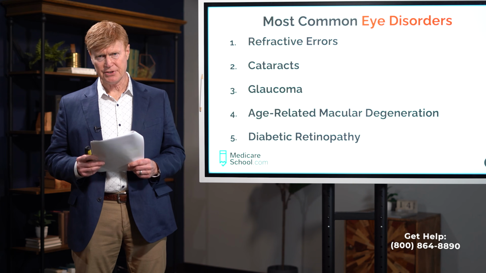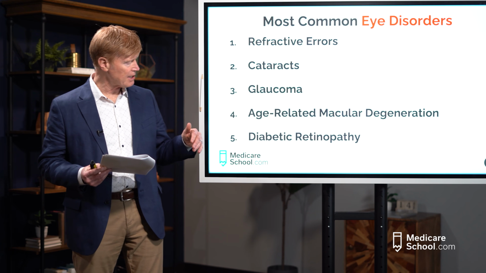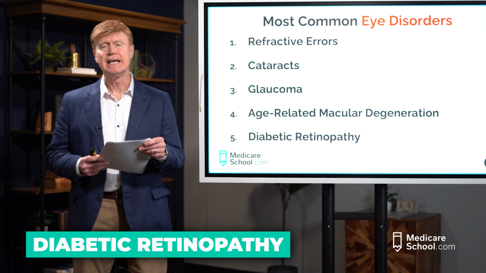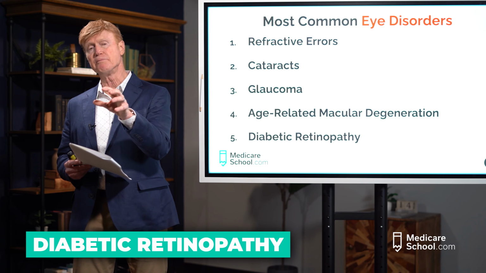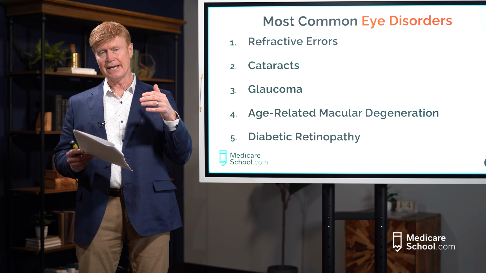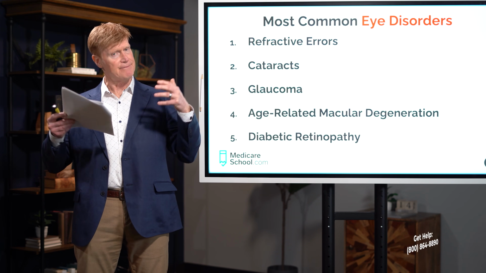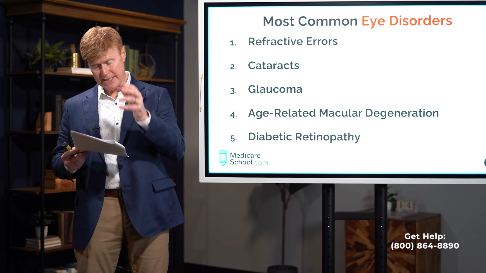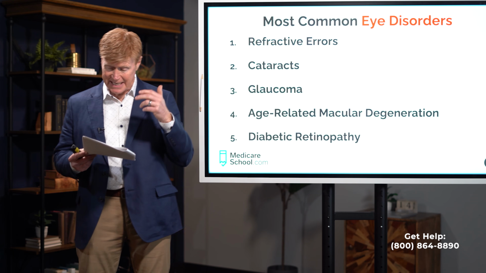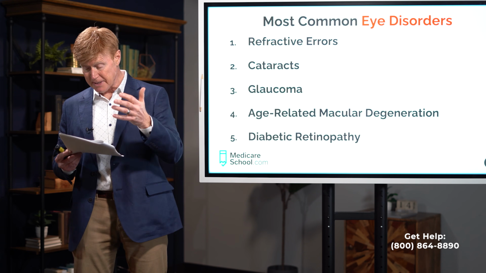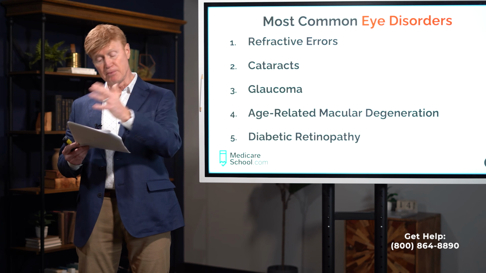Now the last one I want to mention that is very severe would be called diabetic retinopathy. Now this actually affects about 4 million people that are Medicare eligible, and 1 million of those 4 have very severe diabetic retinopathy. Let me explain what it is. It's a common complication of those that have diabetes. It usually affects both of the eyes.